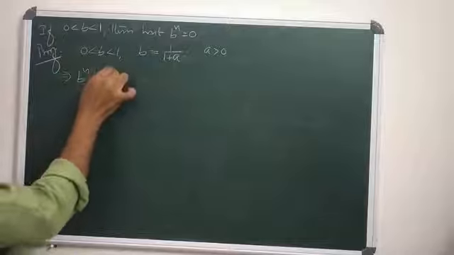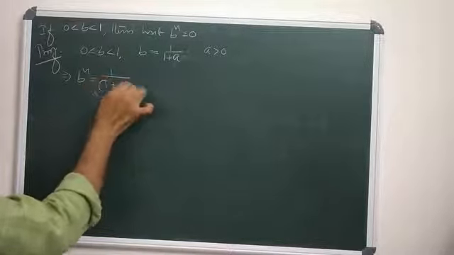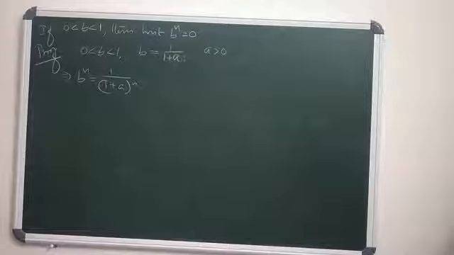So what is b^n? b to the power n equals (1/(1+a))^n.